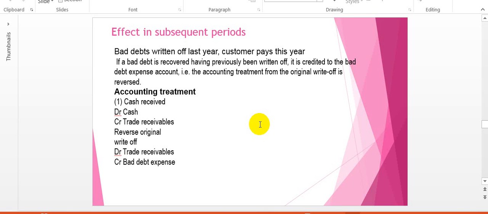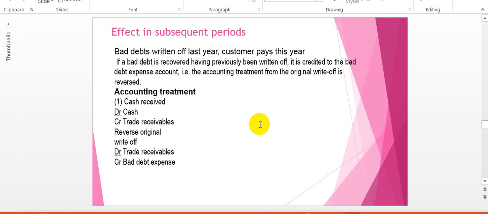If the bad debt is recovered which had previously been written off, it is credited to the bad debt expense account, because this is the account to which it was originally written off. So you are going to reverse the original write-off entry.